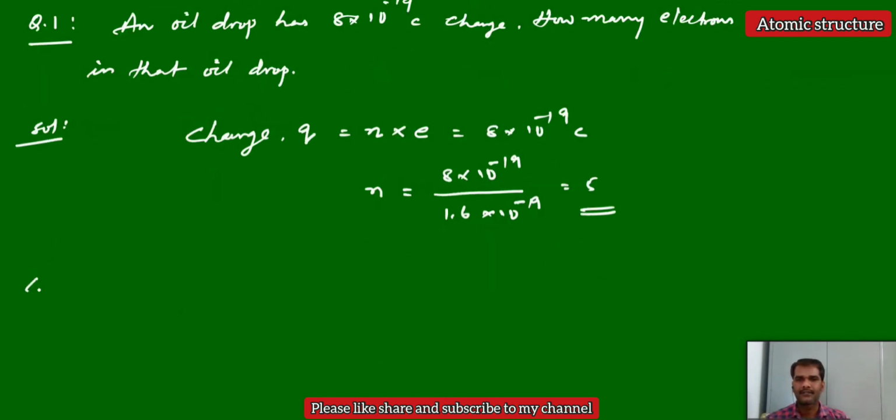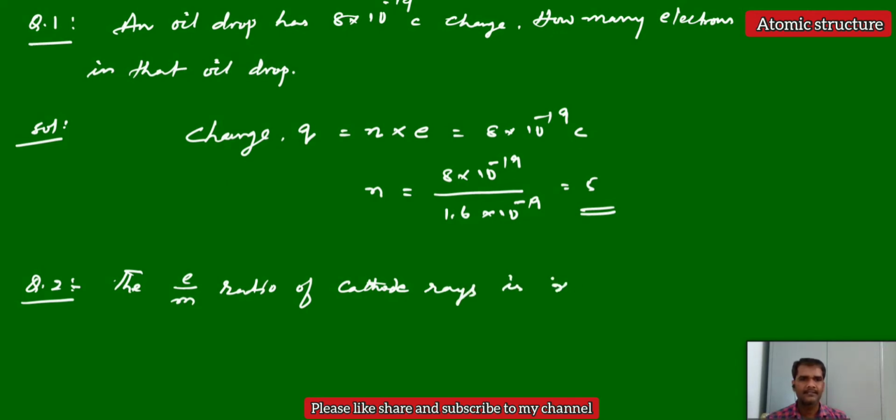Let us see one more question here. The E by M ratio, the specific charge ratio, of cathode rays is X units when hydrogen gas is used in the discharge tube.